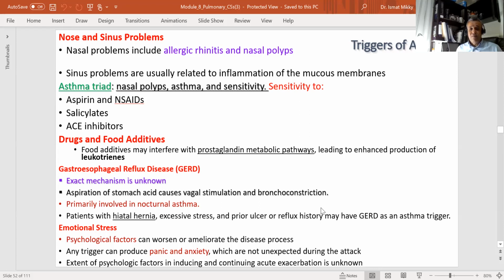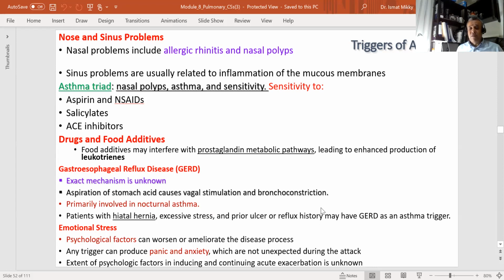The ACE inhibitors: you will cover this in pharmacology. Some people, even with no history of asthma, tend to develop a dry, non-productive cough, especially at nighttime, and that's due to the mechanism of the ACE inhibitors, angiotensin converting enzyme inhibitors.